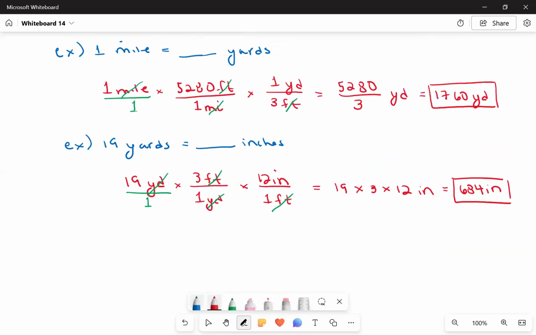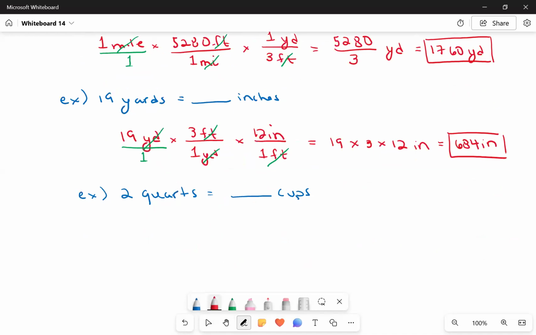All right, let's try another one. Let's try converting 2 quarts into cups. For those who bake a lot, you could probably do this with just some multiplication, but I want to show the process of writing out these ratios, multiplying and canceling. So here we go. 2 quarts over 1.